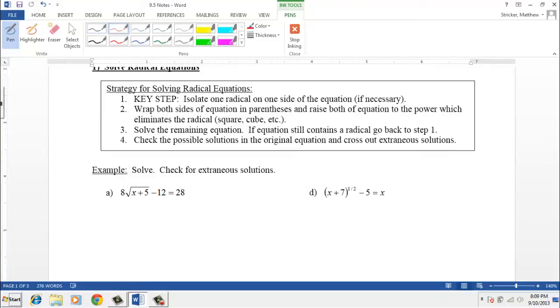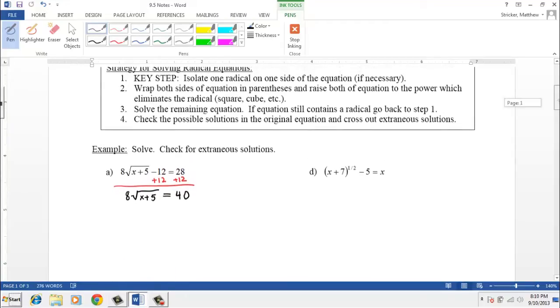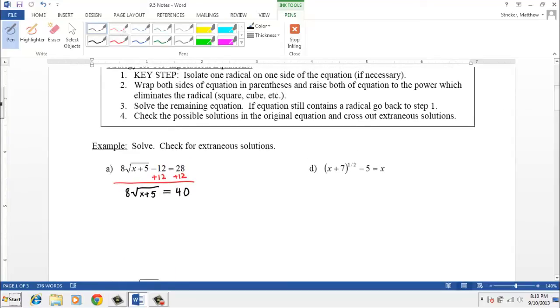For this particular problem, if we were going to isolate, we would of course start out by adding 12 to both sides. And when we do that, we end up with 8 times the square root of x plus 5 equals 40. And then we still don't have the square root by itself, so what would our next step be?